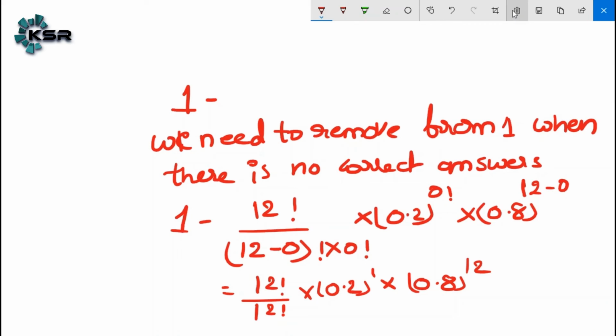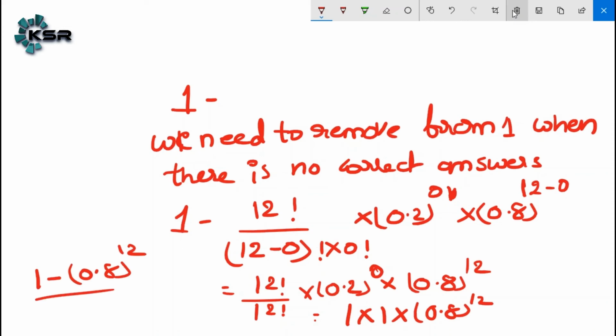Sorry, 0.2 to the power of 0, right? 0 factorial is nothing but 1. So this will be 1 into 1 into 0.8 whole to the power of 12. Simply, 1 minus 0.8 whole to the power of 12 will be our final answer.